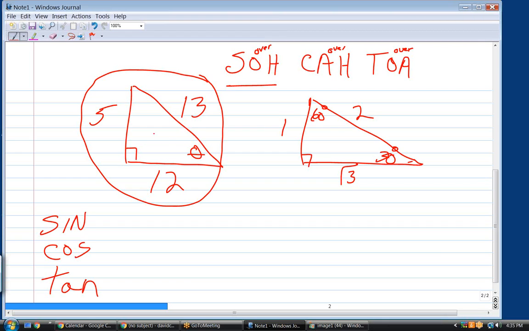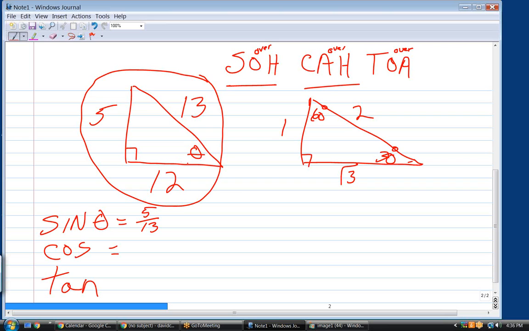So if I'm looking at this triangle on the left, the sine of theta, whatever theta is, I don't even know what it is, but it's some angle, is the opposite, 5, over the hypotenuse, 13. So I could say the sine of theta is 5 over 13. Cosine of theta is the adjacent side over the hypotenuse.